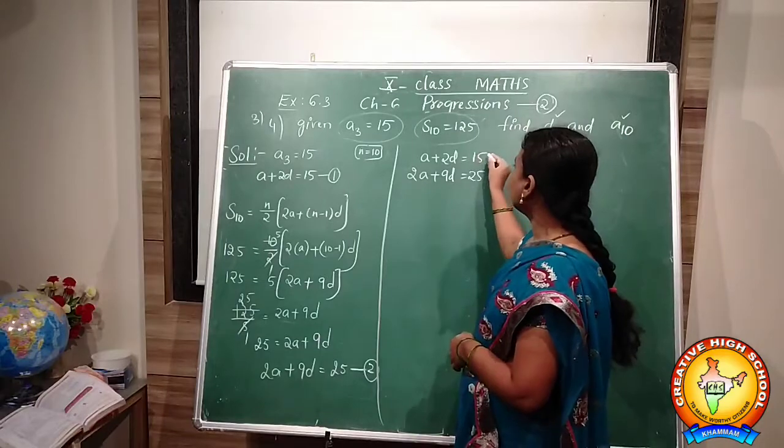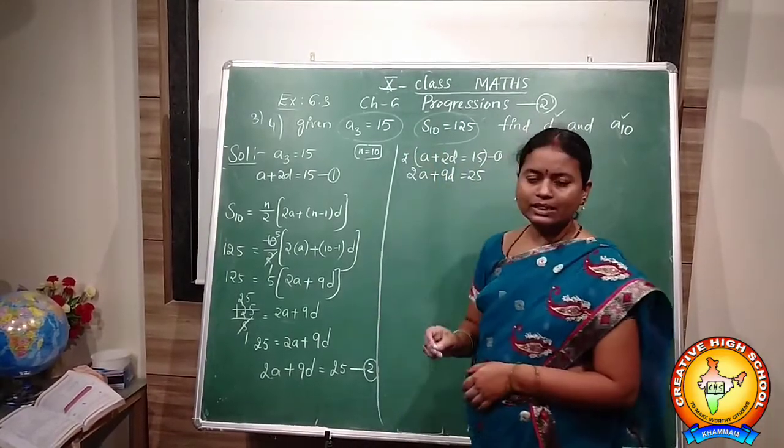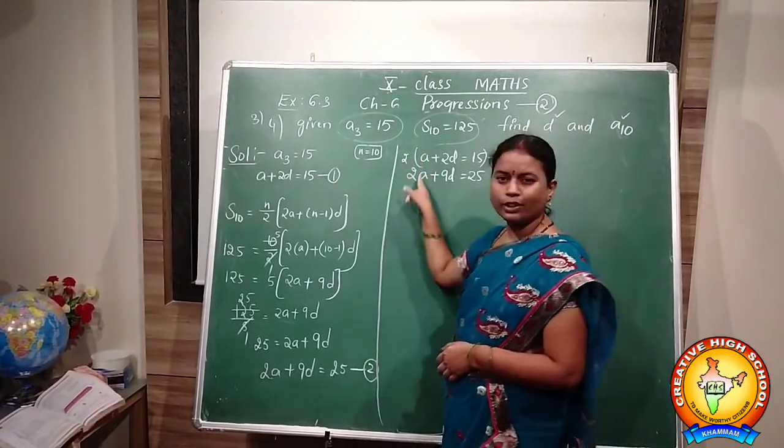See here, equation number 1 I am multiplying with 2, because then only 2a we can cancel.